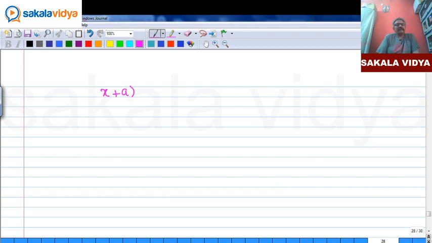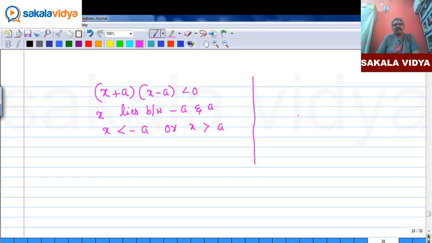x plus a into x minus a is less than 0. That means x lies between minus a and a. That means x less than minus a or x greater than a. You take the number line now.